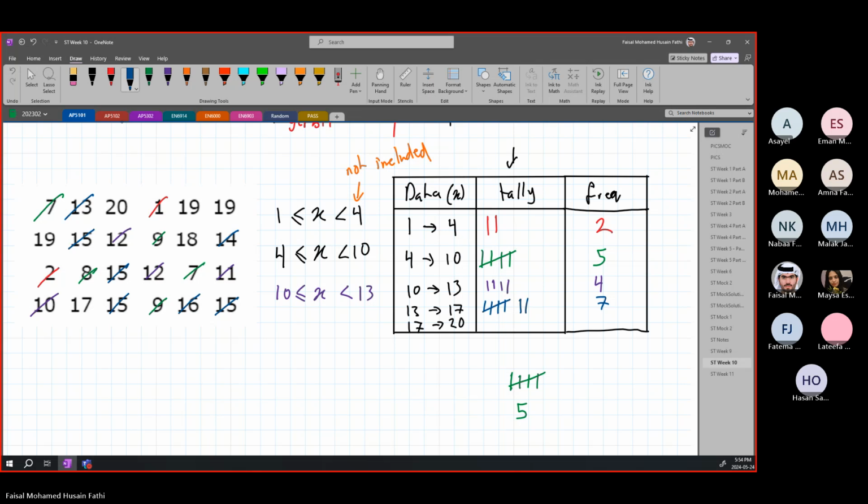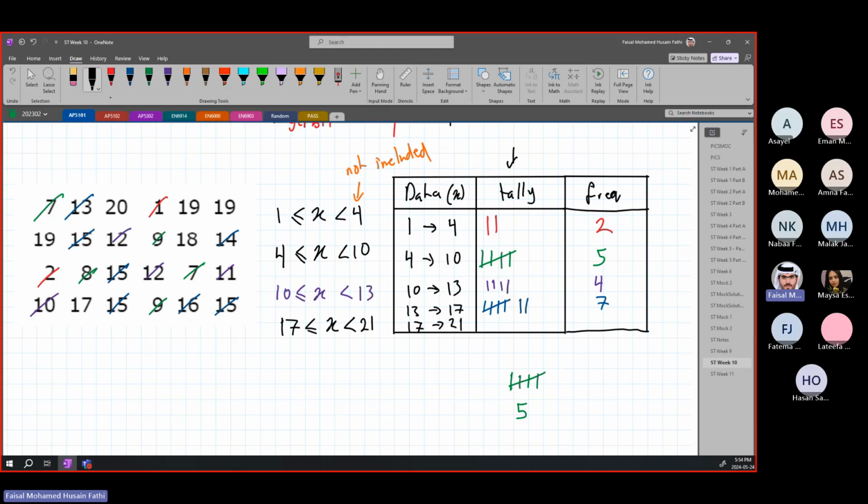All right. And then the last one is going to be the remaining numbers, obviously, from 17 all the way to 20. What I should have actually written here was 21. Because remember, this is going to be 17 less than or equal to x less than 21.